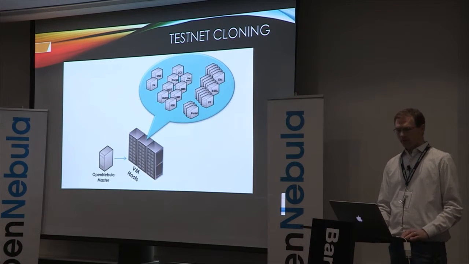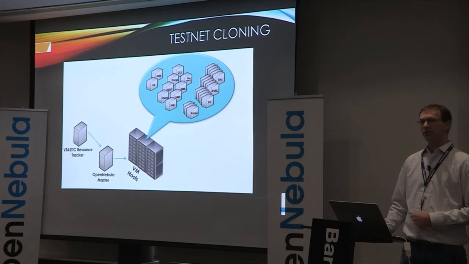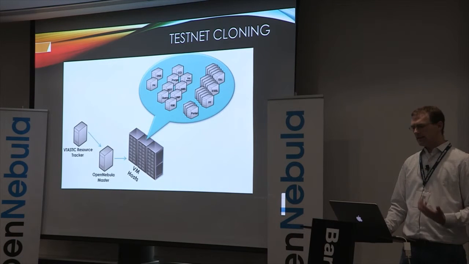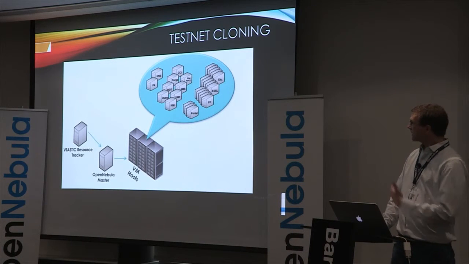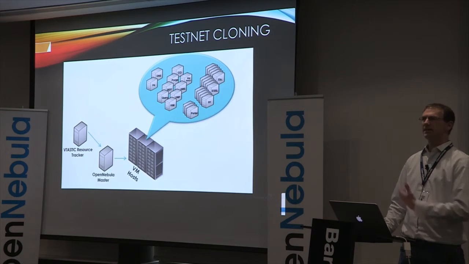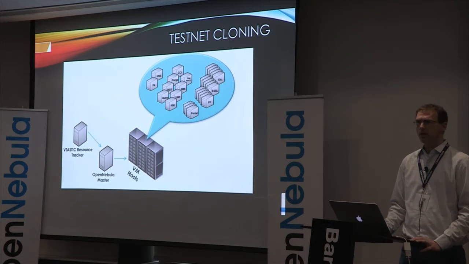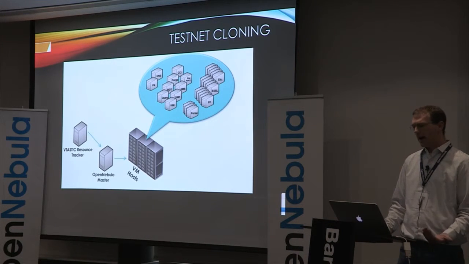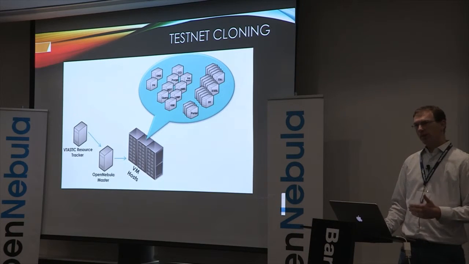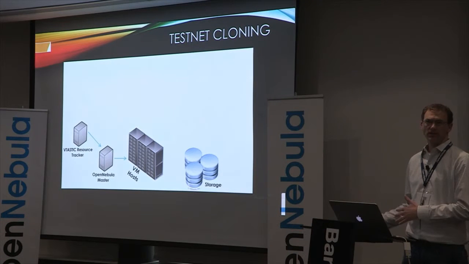And we've built a web system on top of OpenNebula called the VTastic Resource Tracker. And VRT is able to take this collection of VMs. It has some Akamai-specific features and understands that this collection of VMs is one instance of Akamai's distributed system. We can click a button in our UI, and VTastic will ask OpenNebula to shut down all of those VMs and save their disks to persistent storage.